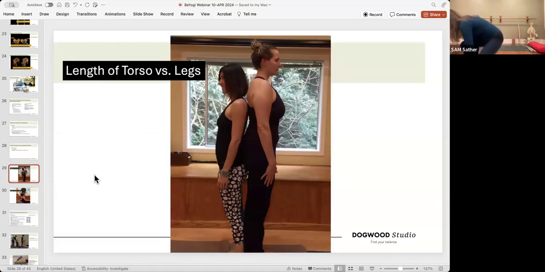I know we're towards the end of our time, but this is not going to be in the slides you get, because this is the work I did with some of these wonderful yogis, and this is the work with Paul Grilley. Here are two of the yogis, and notice the length of their bodies, much taller one than the other.